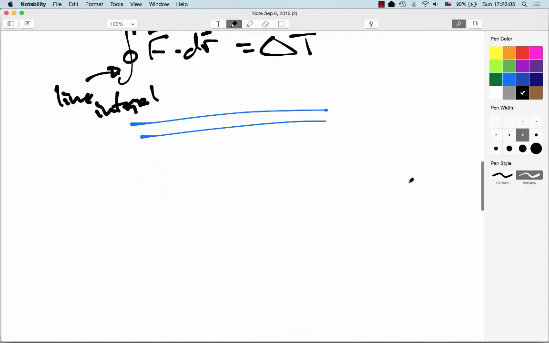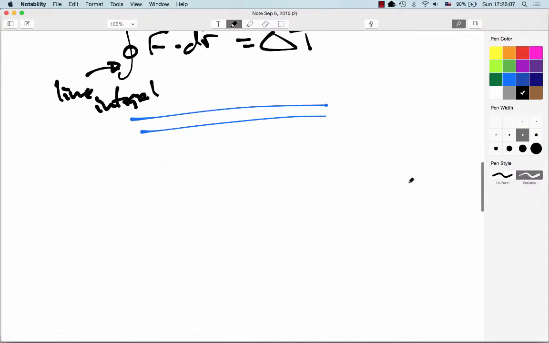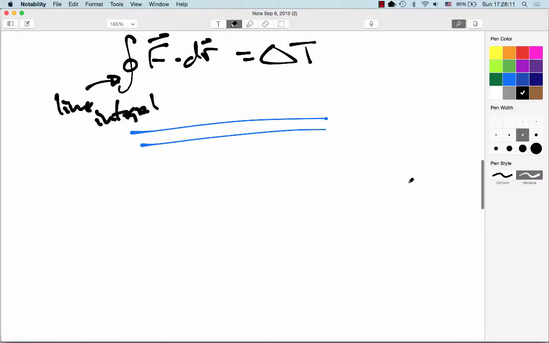Now our goal is just like before. We would like to be able to extend our idea of potential energy to higher dimensions than just one, and we play the same game as before.